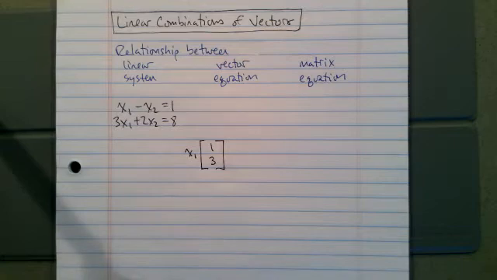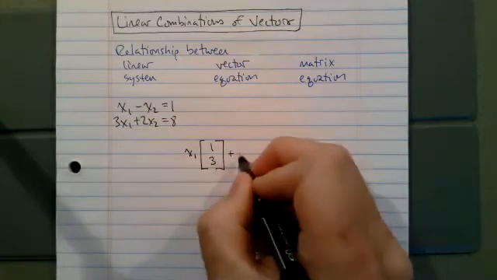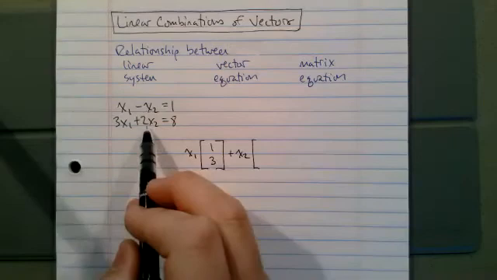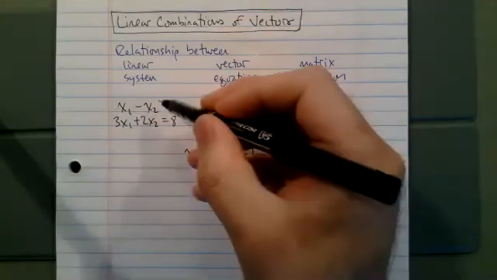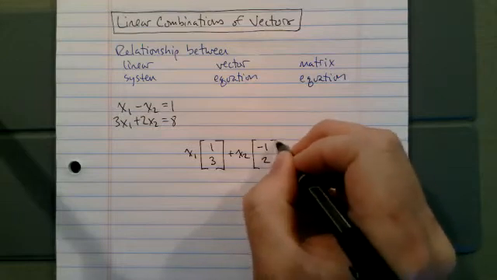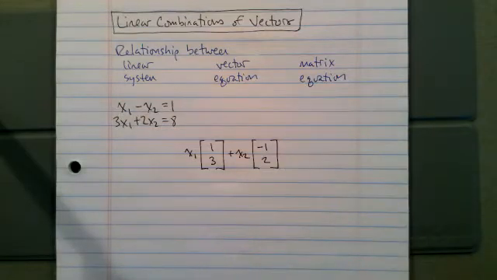So I took the x1 times 1, 3. And then to that, I'm going to add the x2, that's just a scalar, times the vector negative 1, 2. And then to make a vector equation, this will equal the vector 1, 8.